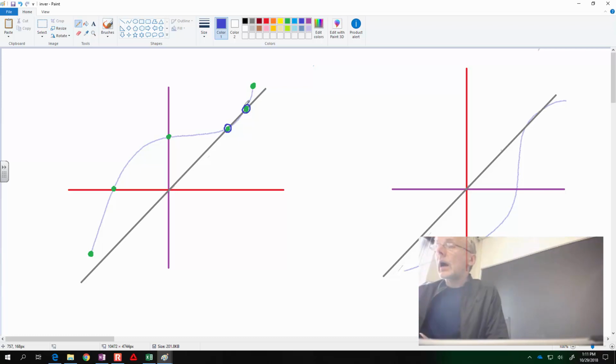What if I pick this one? Where is its counterpart? It would be on the new x-axis. If it was on the old y-axis, it will be on the horizontal axis.